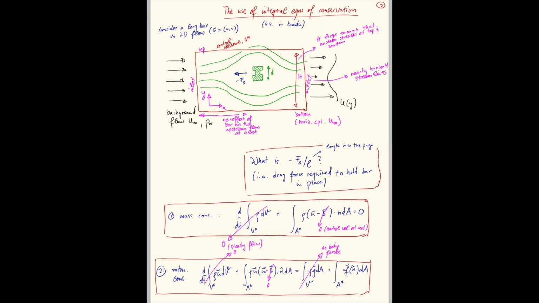And you can count the equations here, and this is really 4 equations, 1 from the mass conservation and 3 from the momentum equation. We have 4 unknowns, so we can solve these simultaneously.